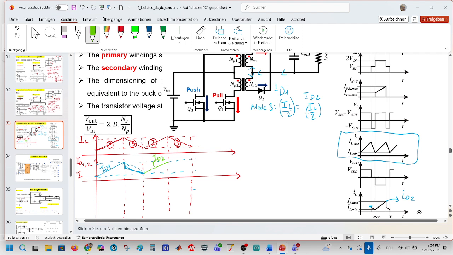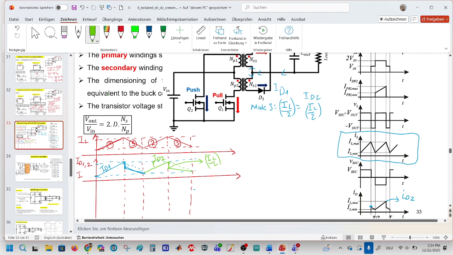Now we have again the third mode of the operation. I would expect that the inductor current decreases like that, that the current on the second diode has the half of the, I would say this is the value of the half of the inductor current.